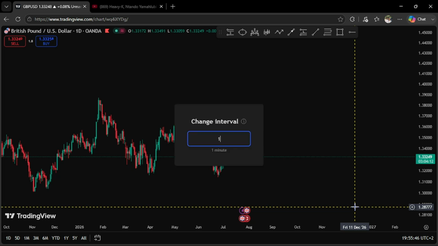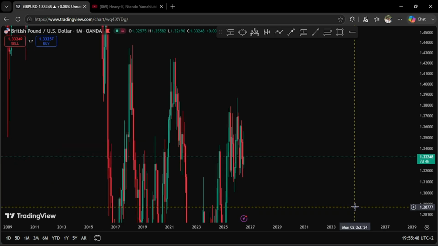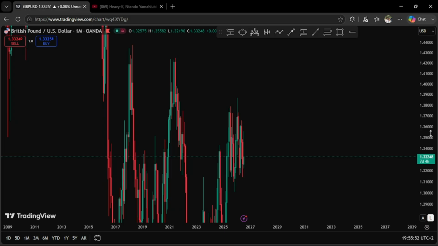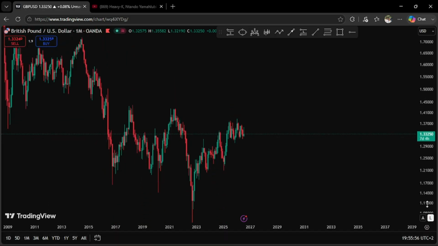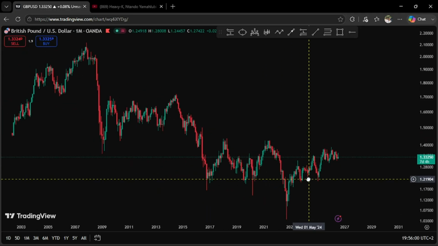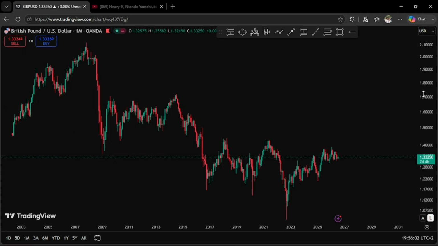So we're gonna go on the monthly time frame. If you noticed on EU, we had almost the same movement.